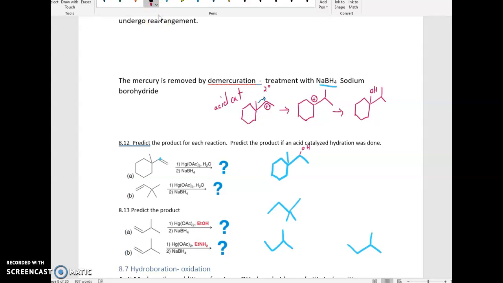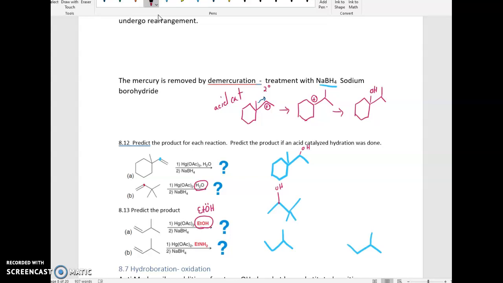Okay, so let's go on. For this one, we want to put the hydroxy at the more substituted position, so that will put it right here. For this one, we didn't add water. We've got ethanol. Ethanol can also be a nucleophile.